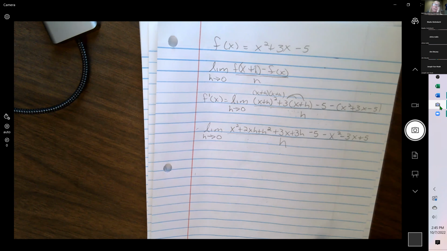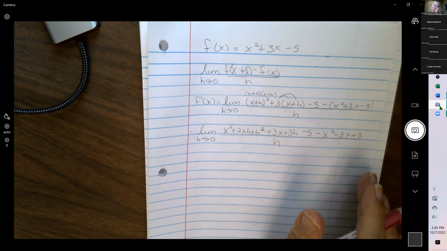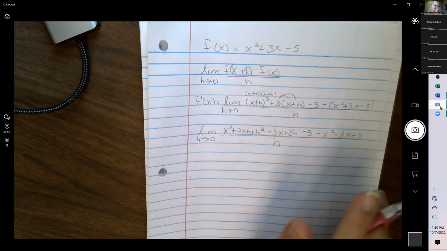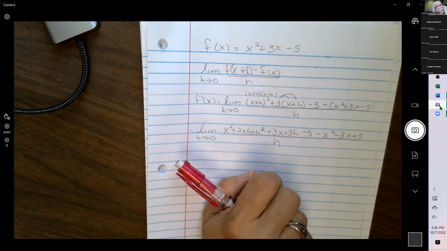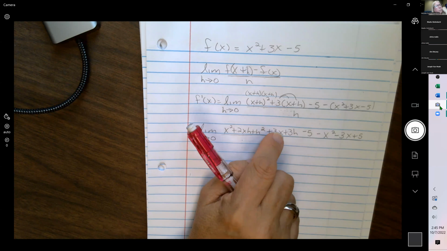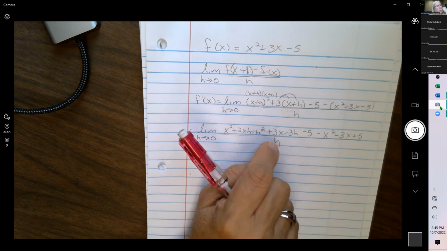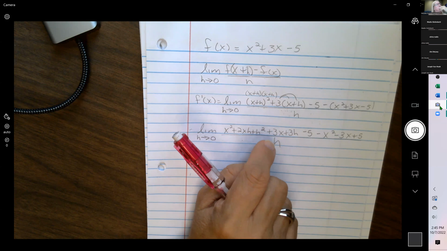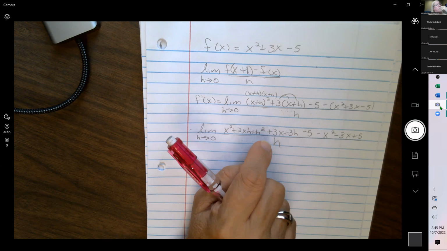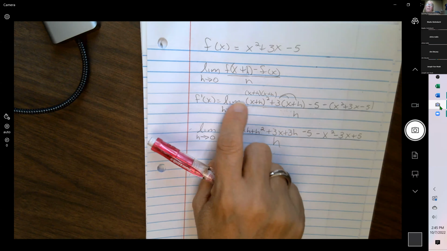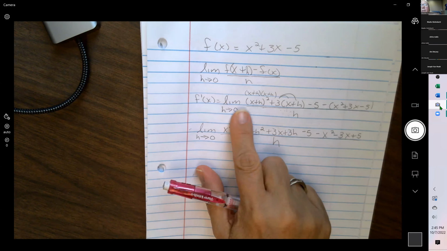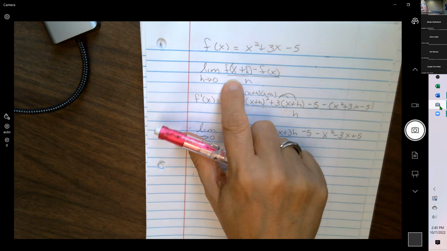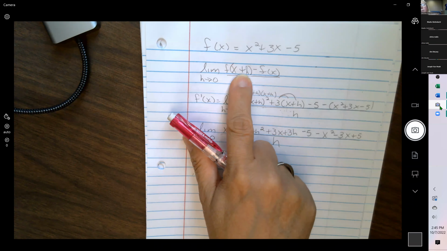Numbers in front of it. Laura, are you talking about this problem or the one before? This one, okay. So first I find f of x plus h.